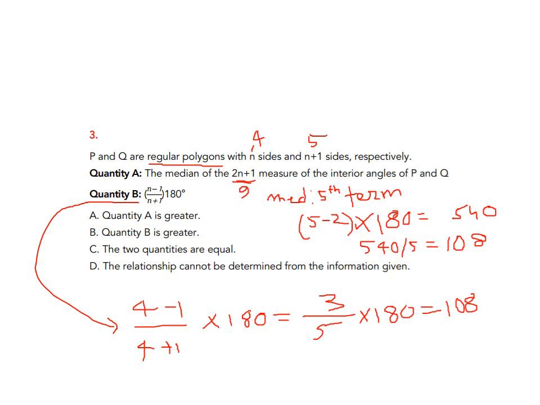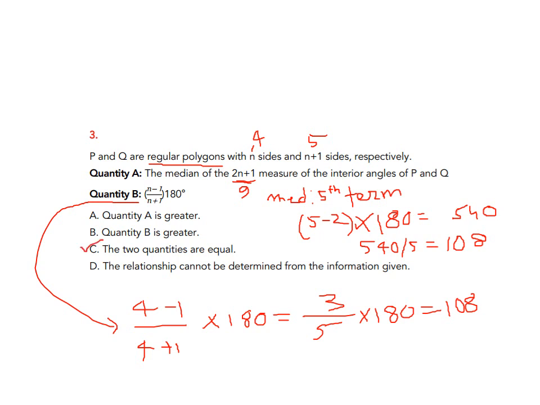Now use the formula of quantity B that is given in the question. So 4 minus 1, as we know that n equal to 4, so 4 minus 1 divided by 4 plus 1 into 180 equal to 3 by 5 into 180 equal to 108. So both A and B are equal. So the answer will be C.